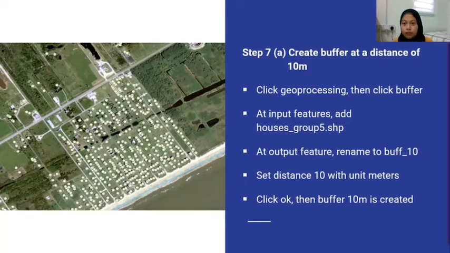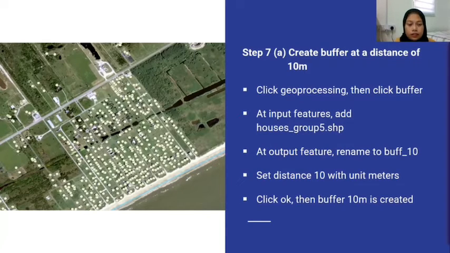After that, input buffer will be displayed, and then we add house group 5.shp in it. For the output feature, we rename it as buff_10. For the distance, we set it to 10 meters. After clicking OK, the buffer of 10 meters is created.